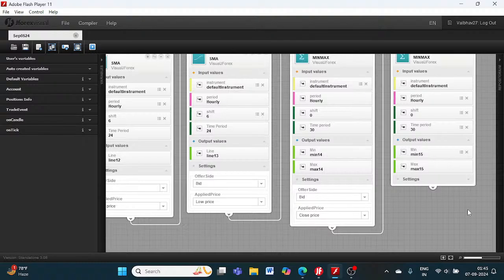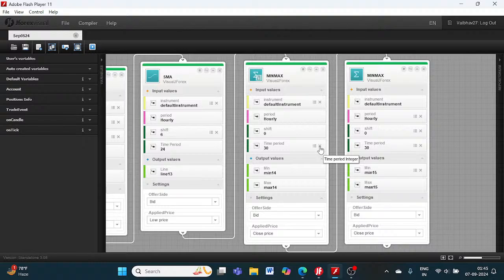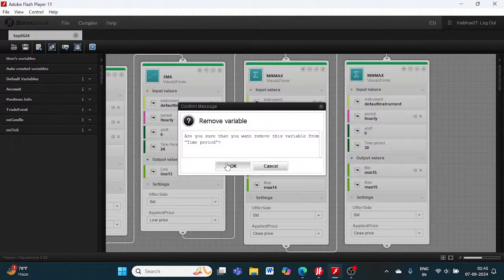Then the min max needs to be well defined too. Here the calculation period is going to be 24. This one also 24.